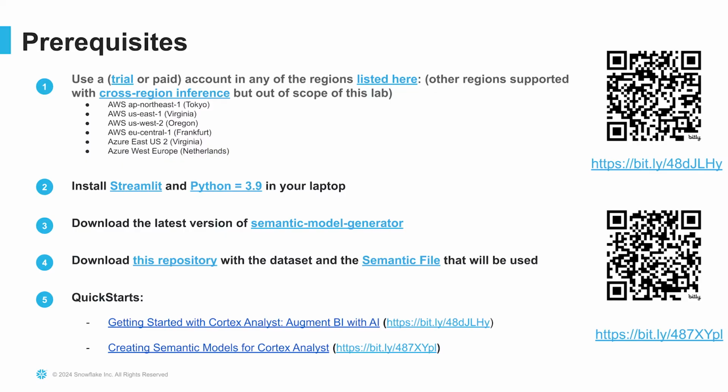And here you have some links to get some of the content. We're going to be doing some basic things. We need to create some data. Also, everything we're doing here is available. It's public. You have the QUICKSTART, and we're going to do a little bit of each of these QUICKSTARTs. We're going to be getting started with Cortex Analyst, and then jumping into how we can create a semantic model.